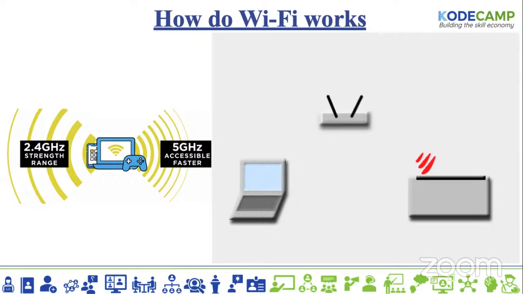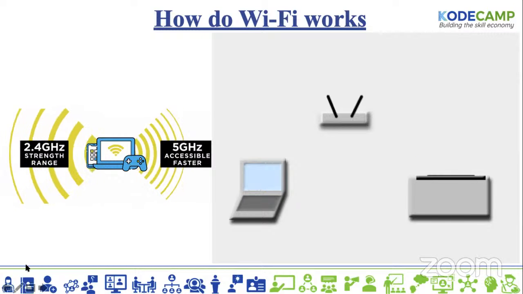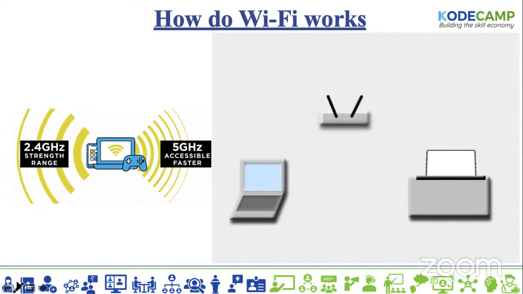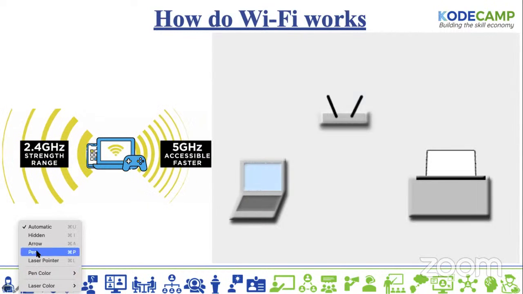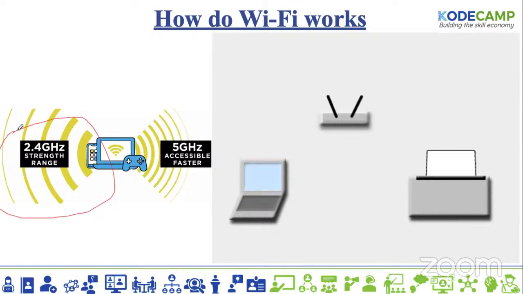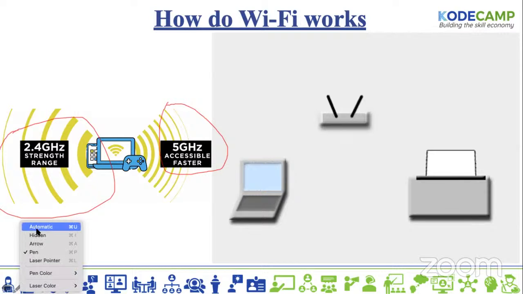For Wi-Fi, we have the 2.4 gigahertz Wi-Fi, which is this, and then we also have the 5 gigahertz Wi-Fi. It helps you, it tells you what data you want to control and which one you don't want to control.